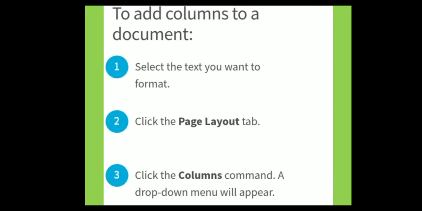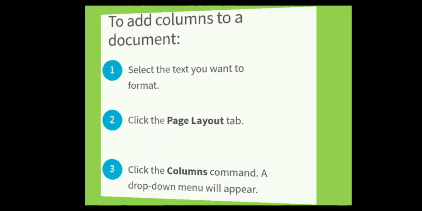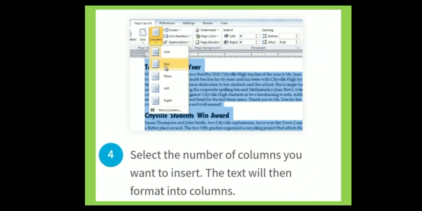How to add columns in your document? First, select the text you want to format. Second, click the Page Layout tab. Third step, click the Columns command. A drop-down menu will appear, just like this.